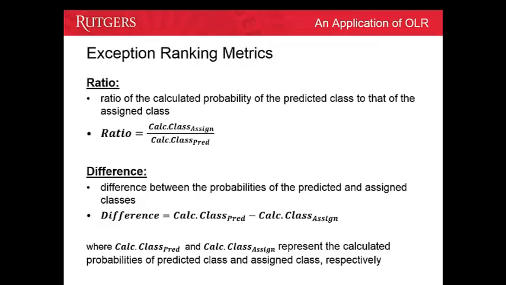The difference is simply the difference between the two. In other words, when the auditors assign a certain score, risk level, if it is different, we need to know how different they are.